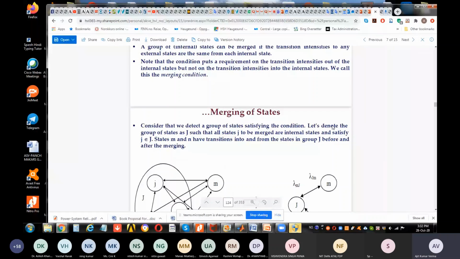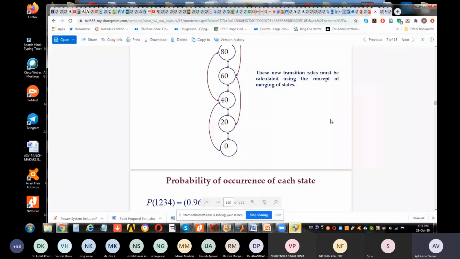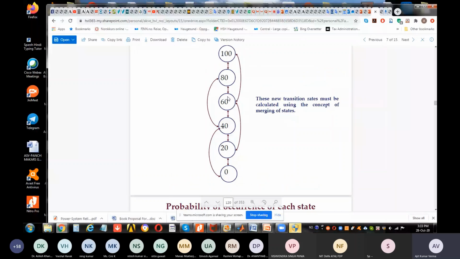So 100 to 80, 80 to 100 is done, 80 to 60, 60 to 80 is done, 100 to 60, 60 to 100, 80 to 40, 40 to 80, 60 to 40, 40 to 60, 40 to 20, 20 to 40 is done. So now we are going to see 40 to 0 and 0 to 40, I think, and 20 to 0, 0 to 20. So I think just two states are left, if I recall correctly.